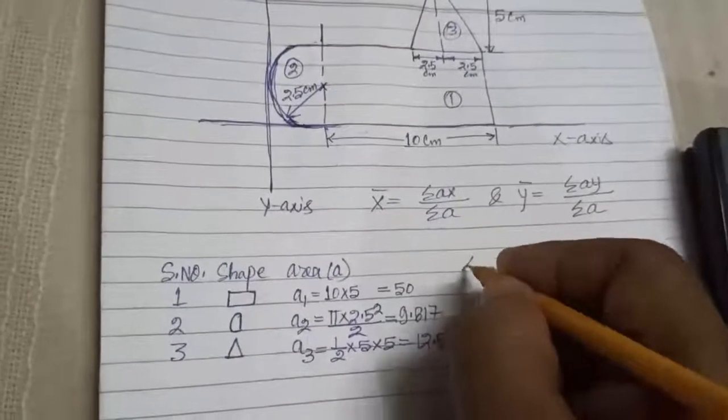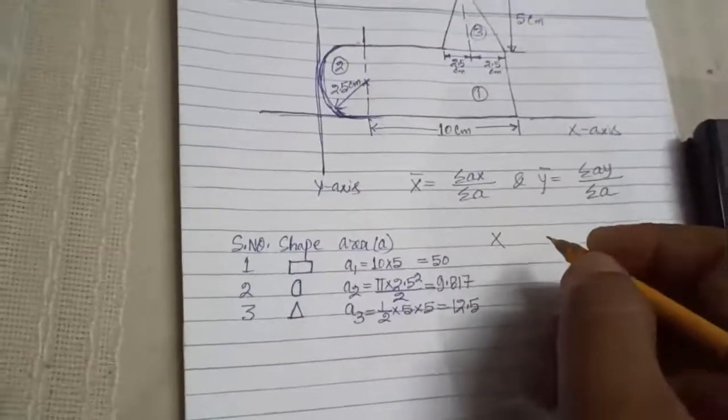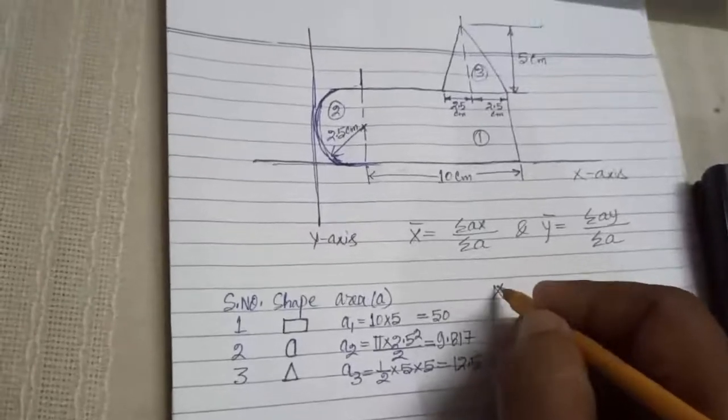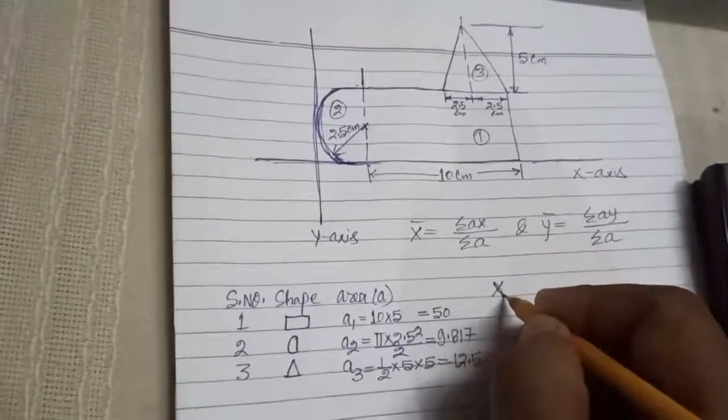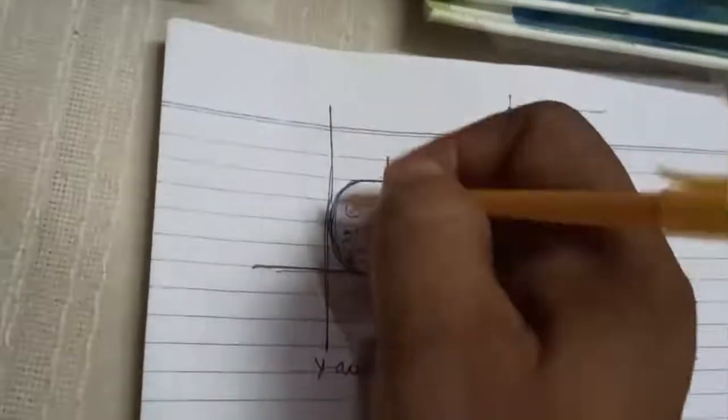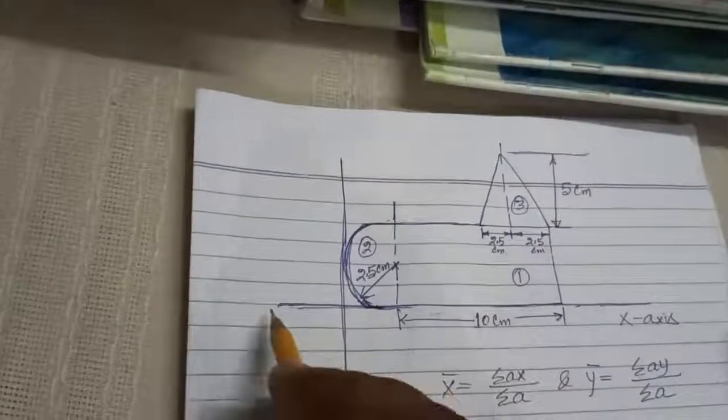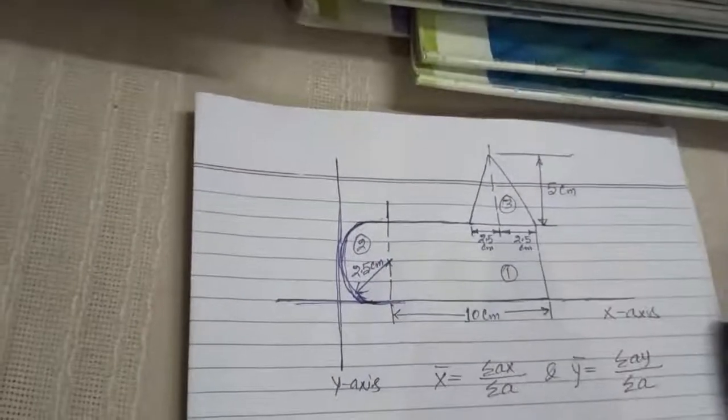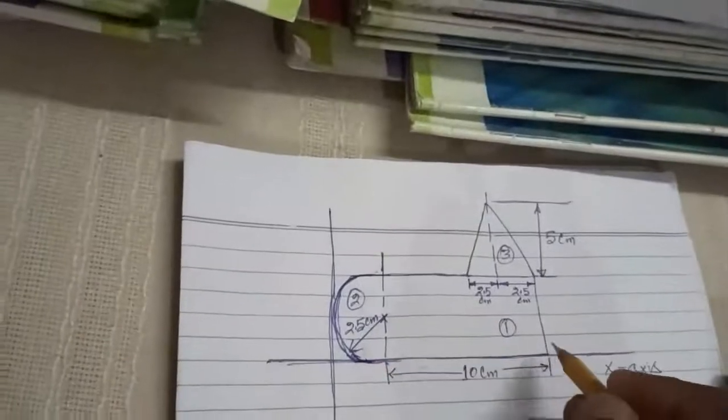Now x. So x is the distance of the centroid of the figure from the y-axis. This is the y-axis. So from this line, the centroid of the figure is x along the x-axis.